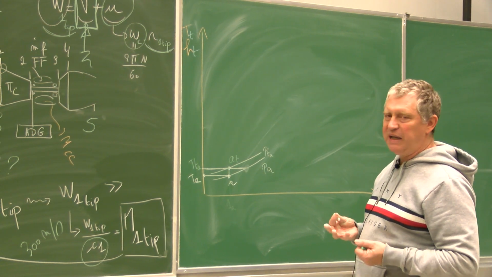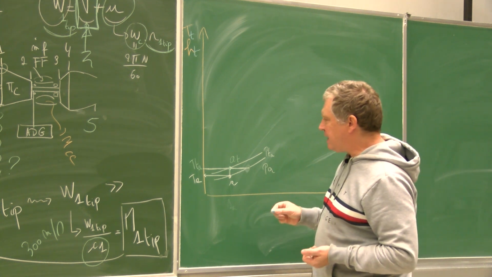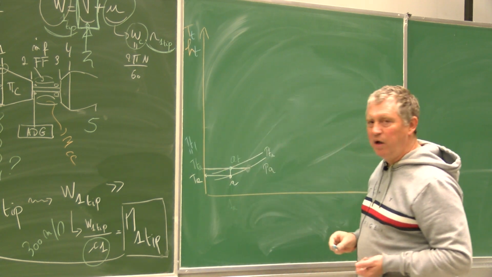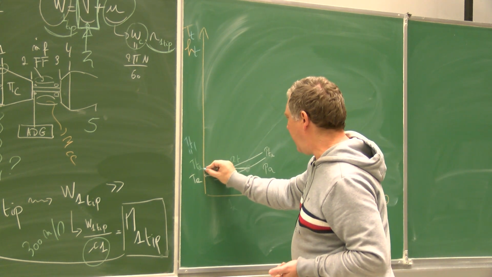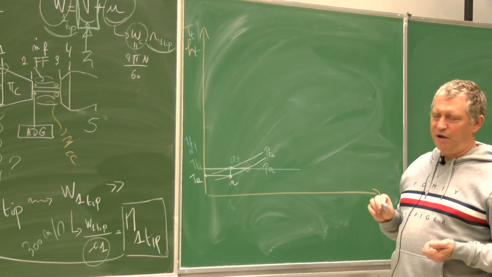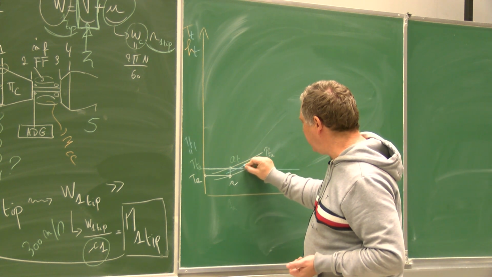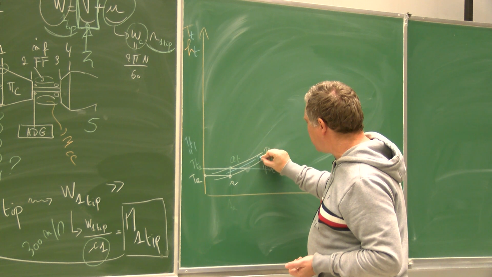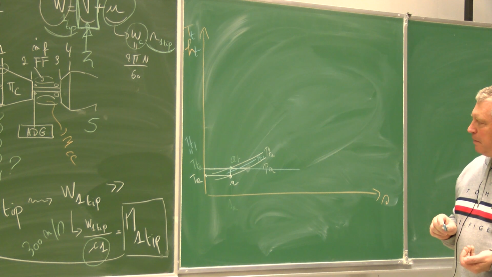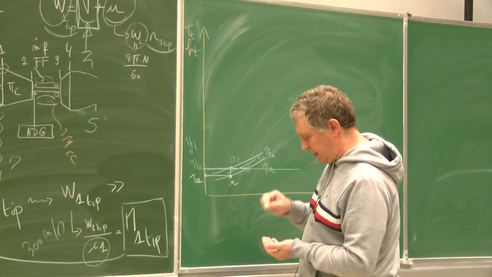I will go into the intake. The intake is with TT1 that is equal to TTA. So I'm staying on a horizontal line, and I'm going to a PT1 that is smaller than the PTA, and of course with an increase of the entropy.